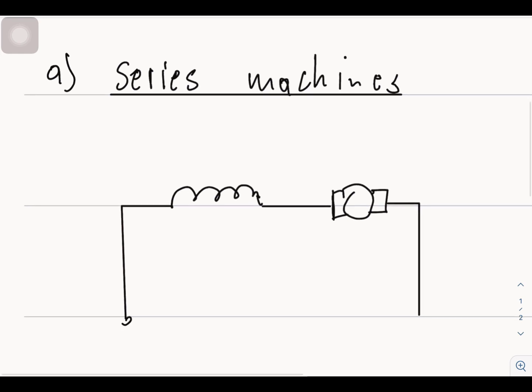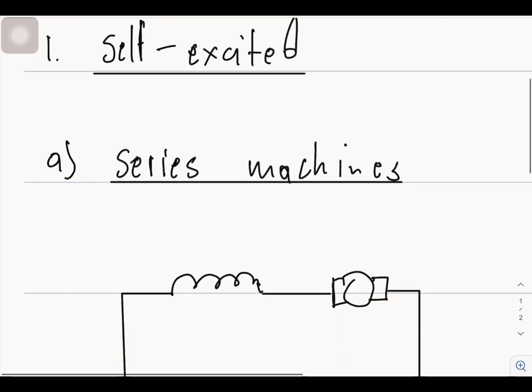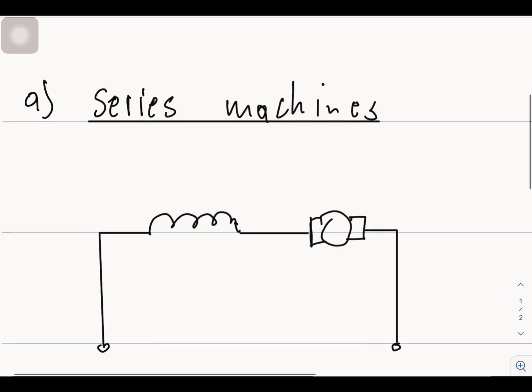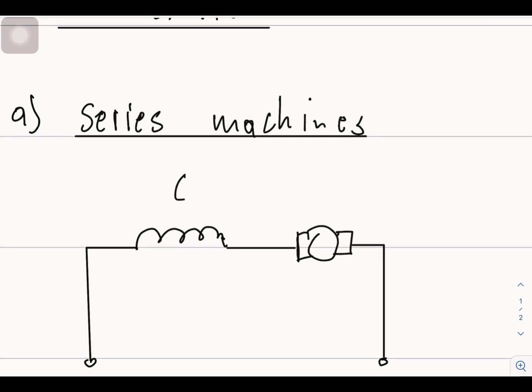Let me go back to why we are calling this self-excited. Suppose this machine is a generator. Electricity is being generated at the armature, the spinning part of the machine, then is taken to the external circuit through brushes.